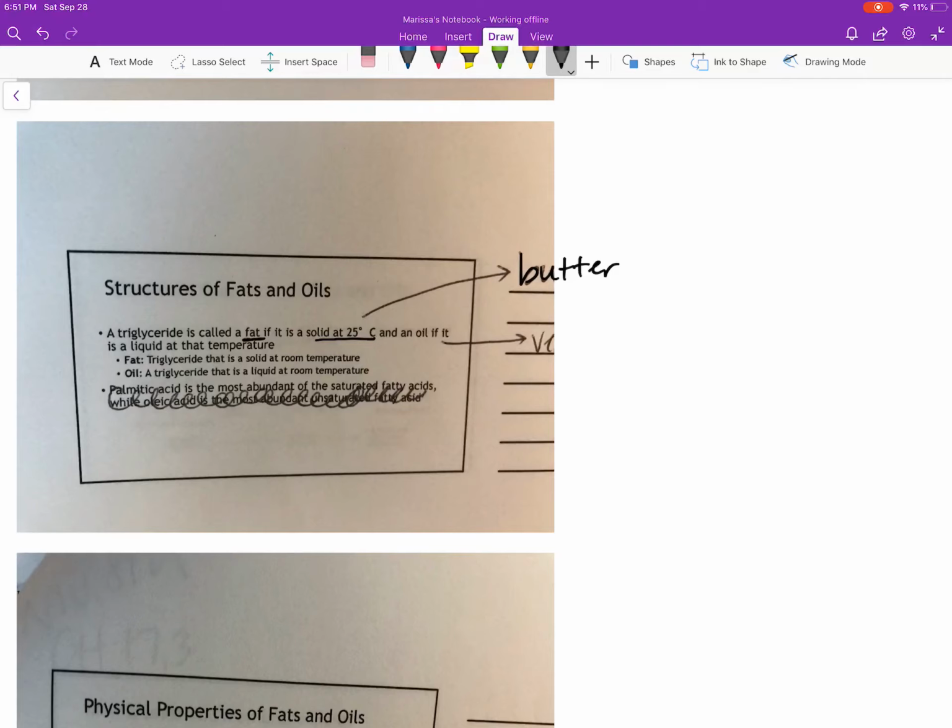Oils, so right here I have vegetable oil, canola oil, olive oil. These are examples of triglycerides that are oils because they are liquid at room temperature. Okay, so that's how we distinguish between fats and oils, based on their phase at room temperature, which we say is 25 degrees Celsius.